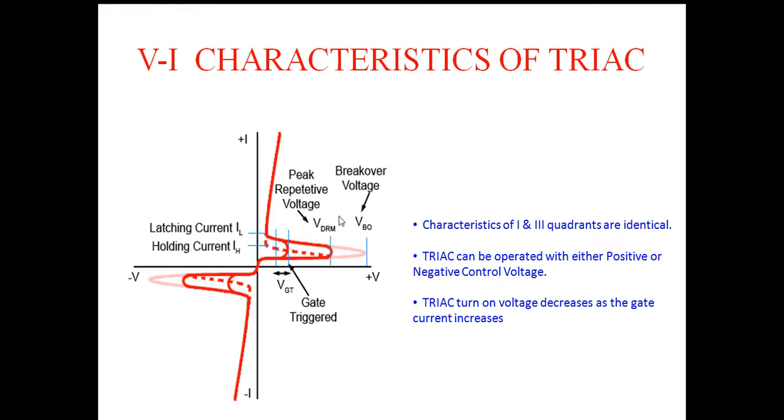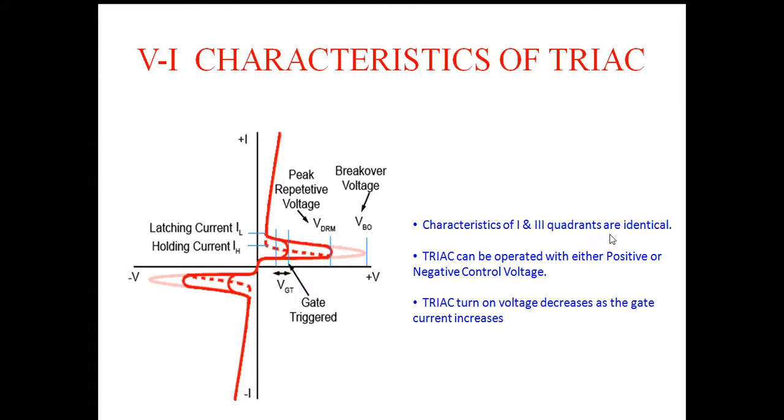Whenever supply is positive, we are having operation in quadrant 1, and whenever negative voltage is applied, current will be flowing, and up to the breakover voltage, again it will be conducting. If we provide a gate signal, again the triac conducts at the earlier stages, like the first quadrant. So the characteristics of the triac will be similar in quadrant 1 and quadrant 3.